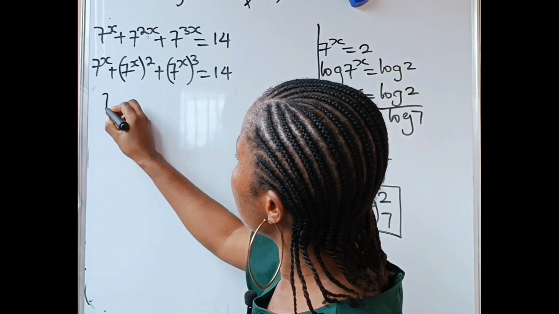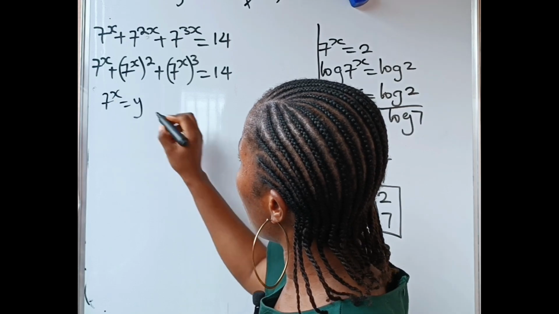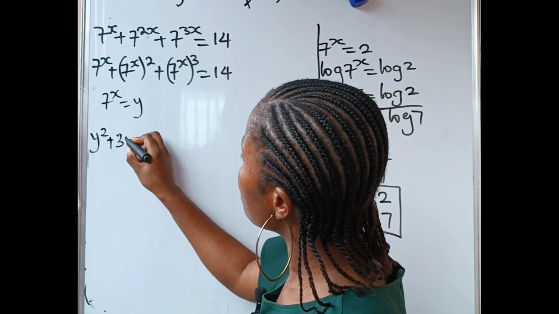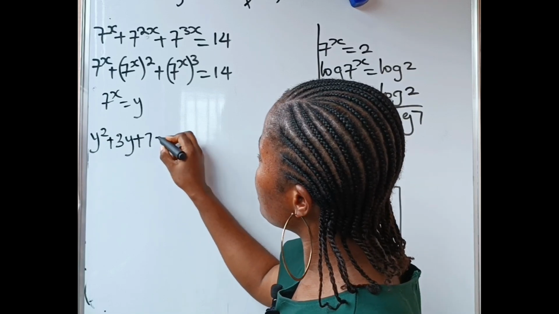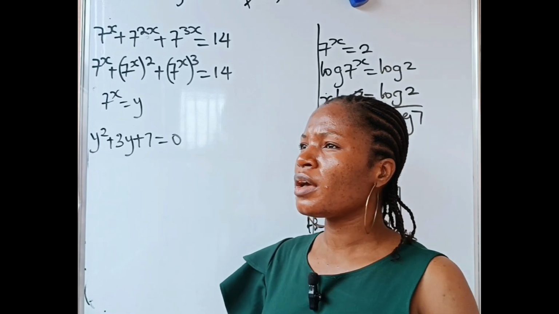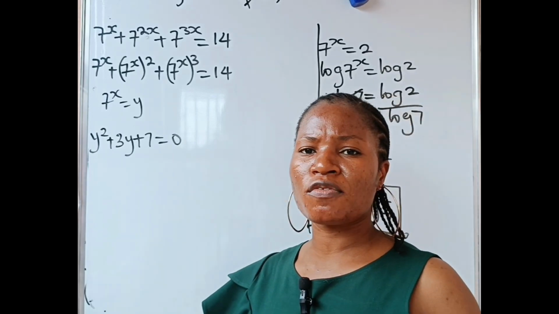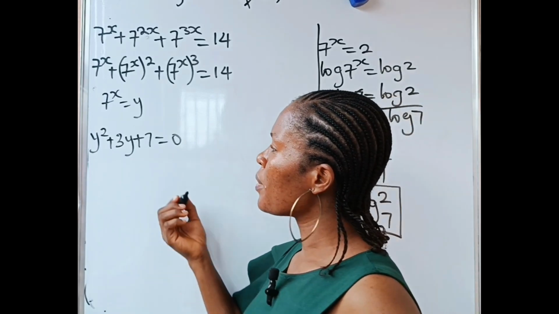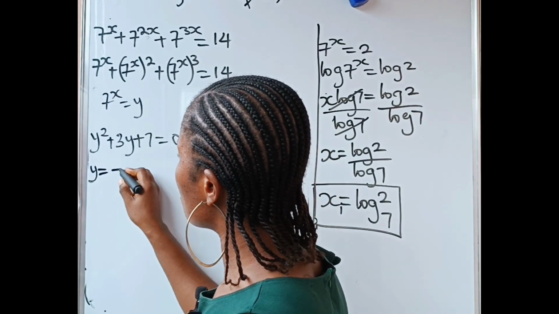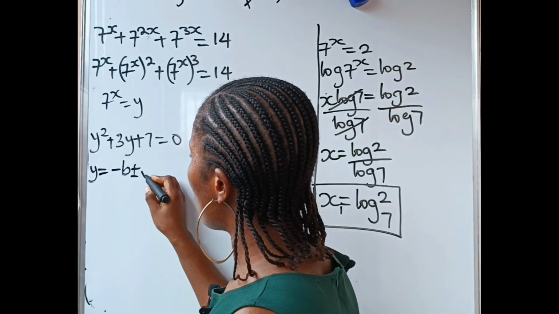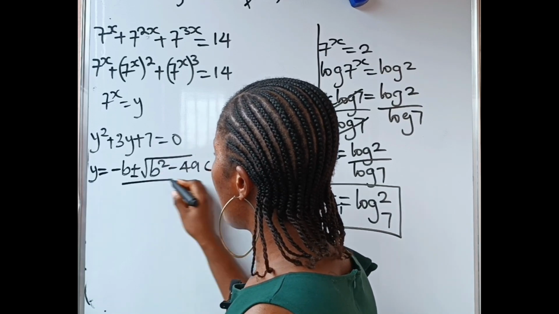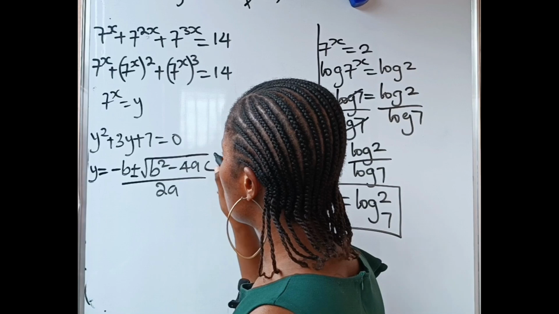Now recall that 7 to the power of x is equal to y, and the one we are looking for is y squared plus 3y plus 7 is equal to 0. To solve this, we are going to make use of the quadratic formula, which states that y is equal to minus b plus or minus the square root of b squared minus 4ac, everything divided by 2a.